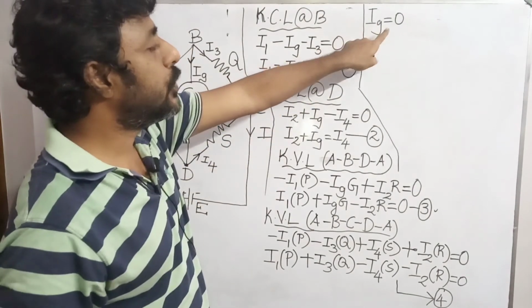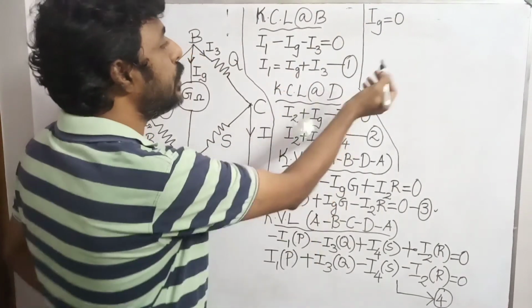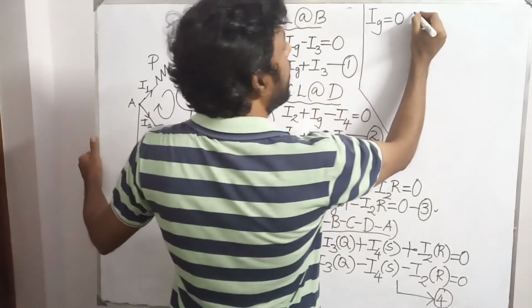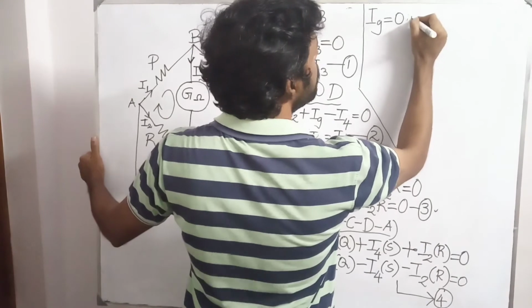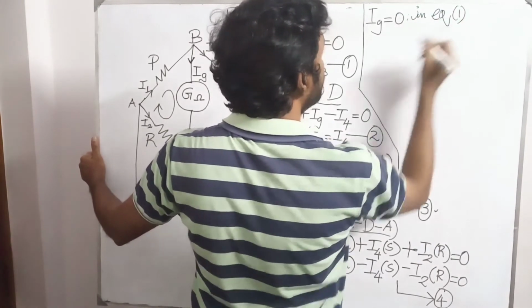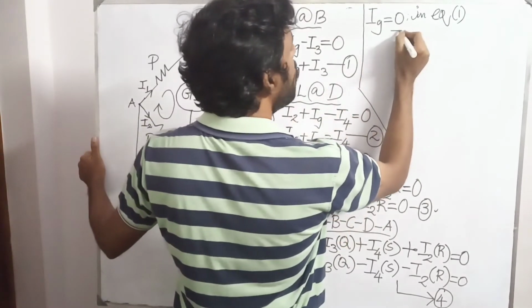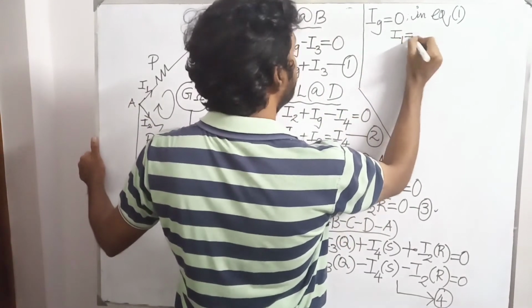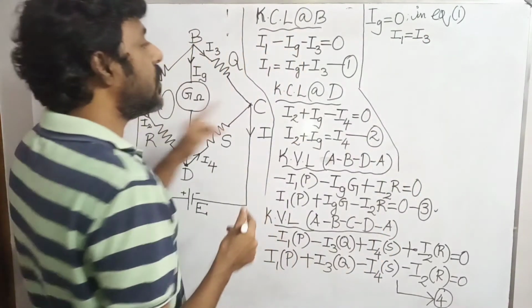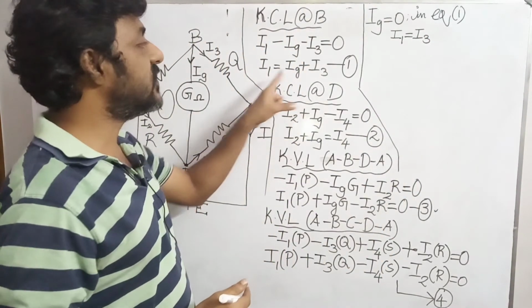So I am going to substitute this in equation number 1. If I substitute, it will be I1 equal to I3, because Ig will be 0.